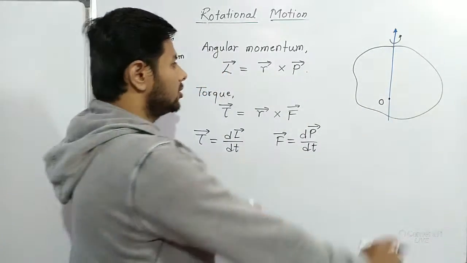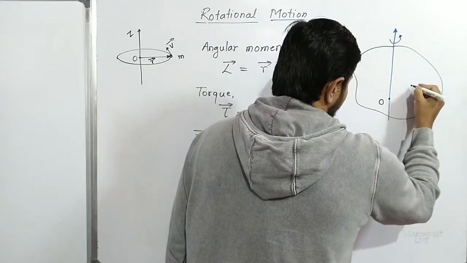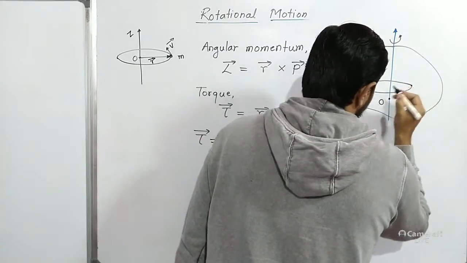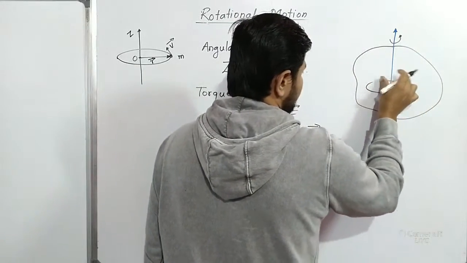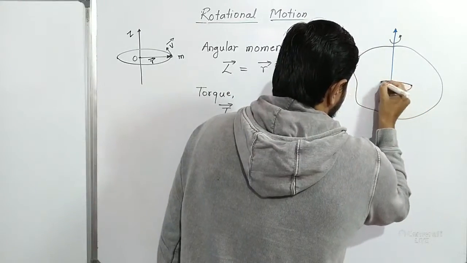Now let's consider a particle. If I consider a particle over here, it is moving in this circle. It is performing circular motion.